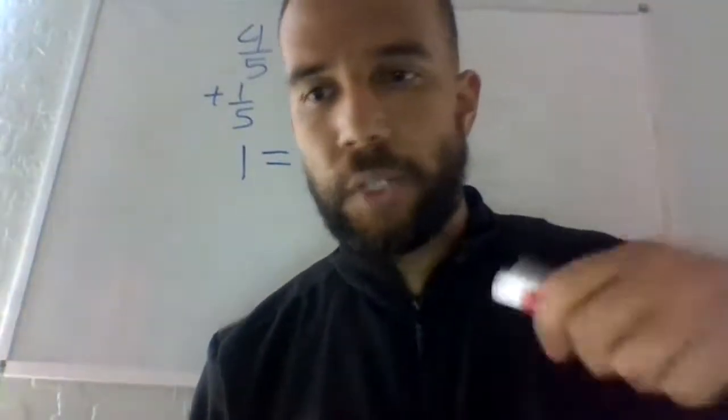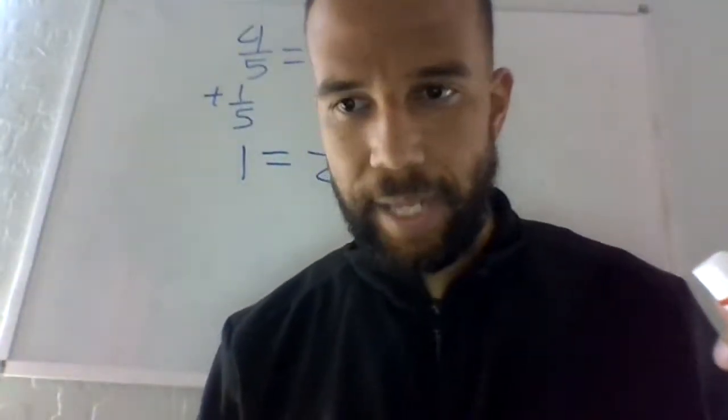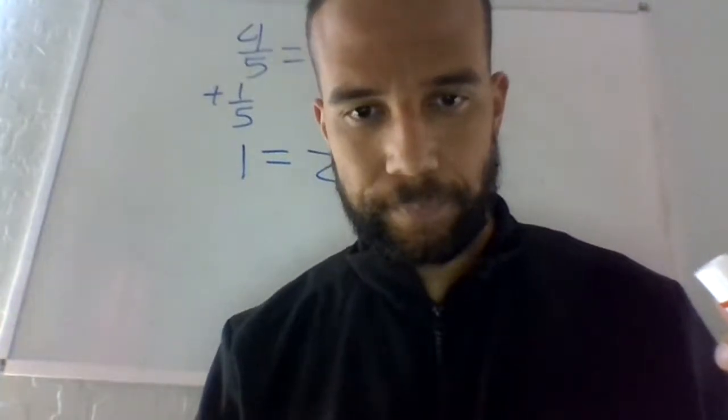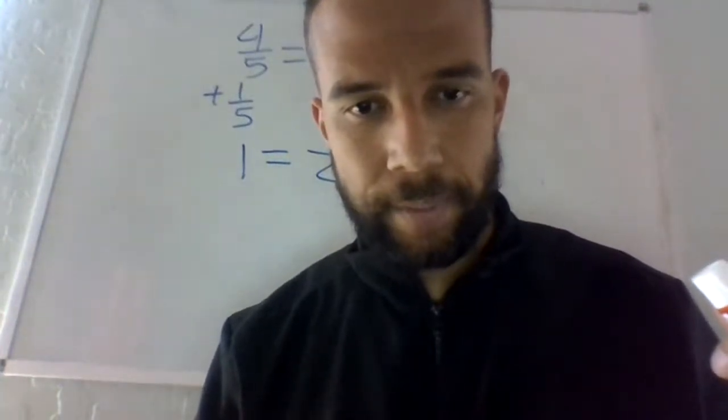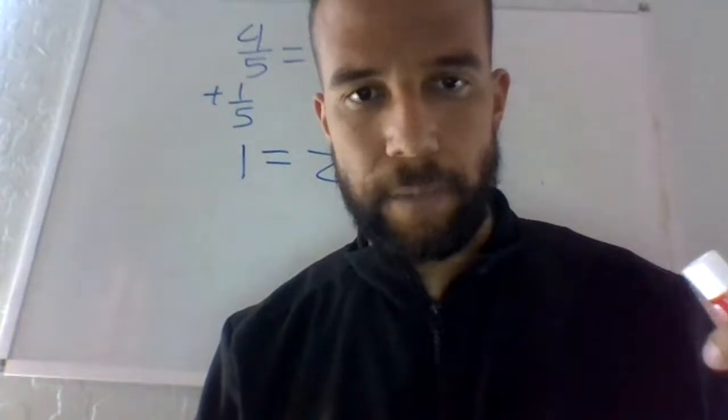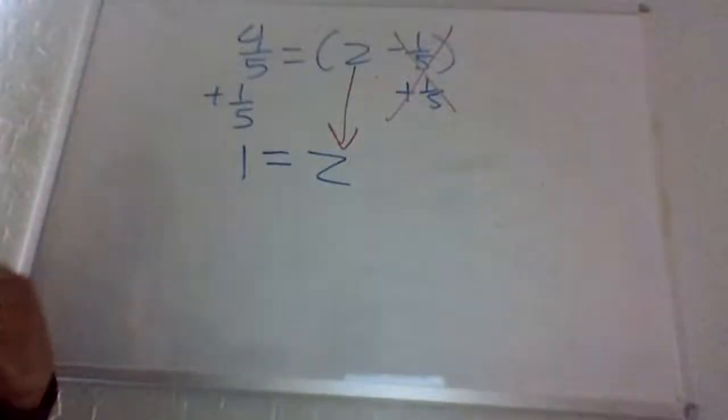Now, I saw in the live chat people were saying, I don't understand how that would be the answer. So let's go ahead and plug that back in. Let's go ahead and rewrite the problem. We know the answer is 1.